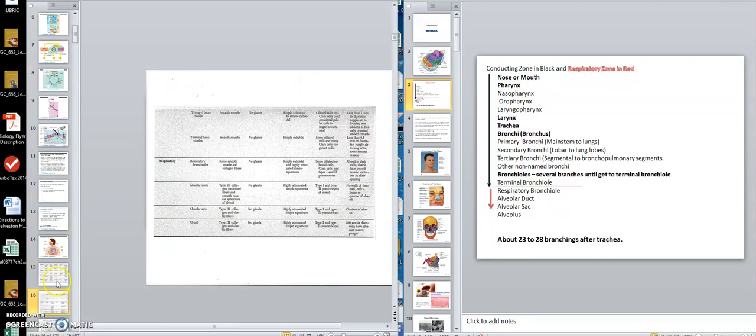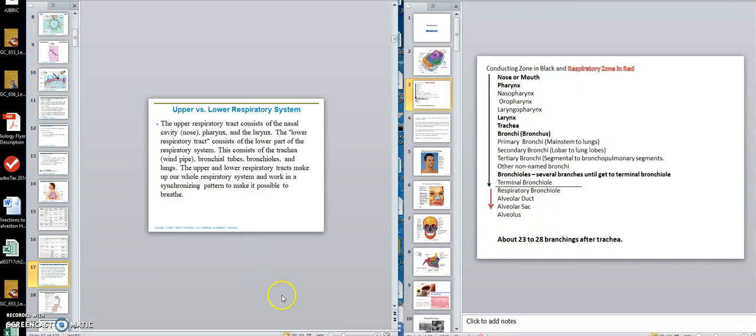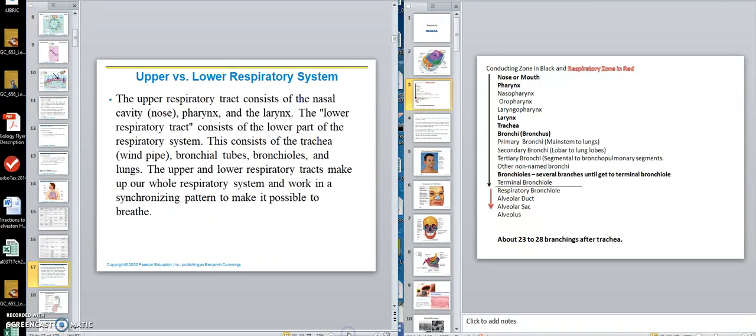All right. Let's go a little step further then. Where are we now? We'll come back up here. So now, when you go to the doctor and they say you have an upper respiratory infection, if you have a cold or whatever, this is what we're looking at. The upper respiratory tract consists of the nose, the pharynx, and the larynx.